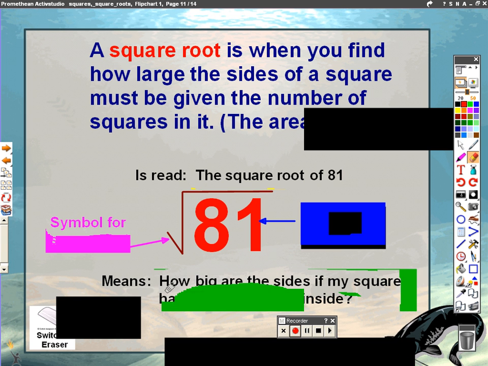And this are how big are the sides of my square if I use 81 units. How big are they? Take a moment to think about it.